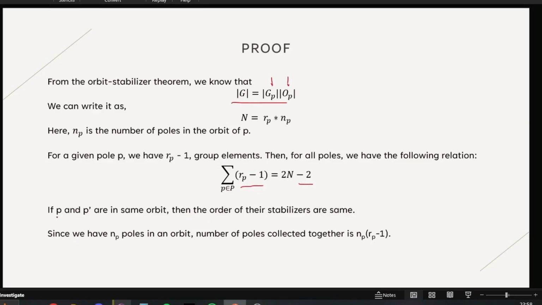If we have two elements in the same orbit, we know that their orbits are the same because they belong to the same equivalence class. Then the orders of their stabilizers are also the same. The stabilizers may not be the same, but their orders are the same. So if we have np poles in the orbit, then this is for one pole, so together we have np times Rp minus 1.